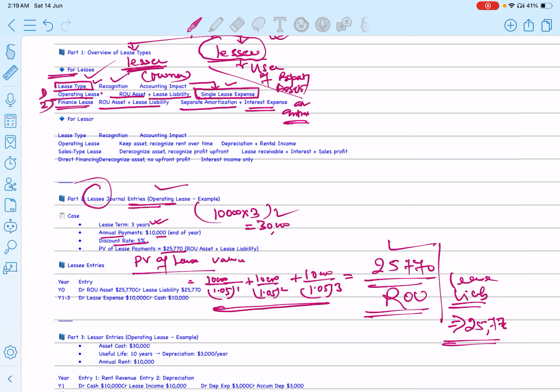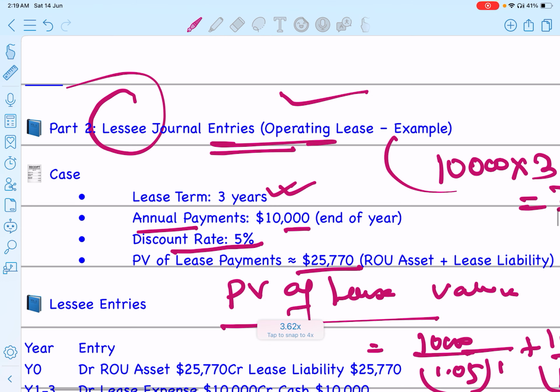So in the current case, the ROU asset as well as the lease liability both will be 25,770. They are of the same value.